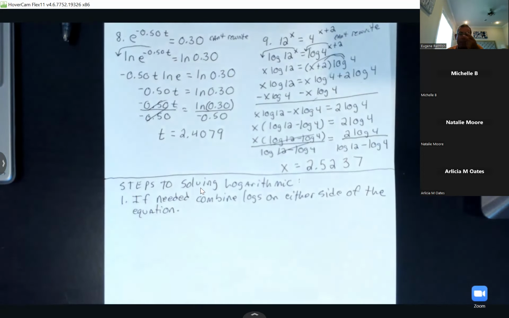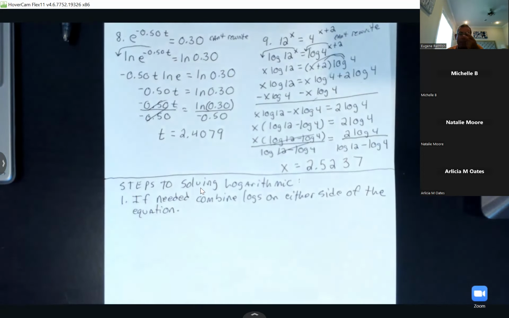All right, so let's play with some of these. Well, we'll do one and we'll probably have time for one and then we're doing our break, okay? So let me see. These start at number 10, and guess what? They say solve for x. So number 10, I got a log base 2 of x equals 4.